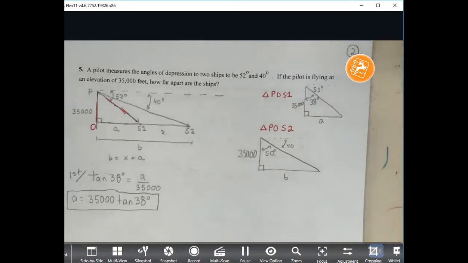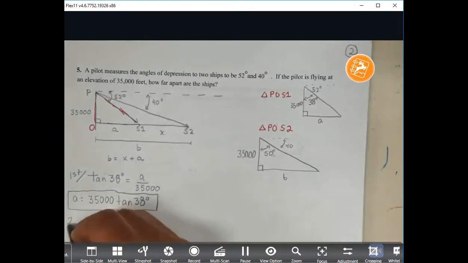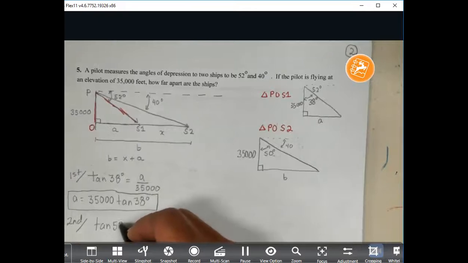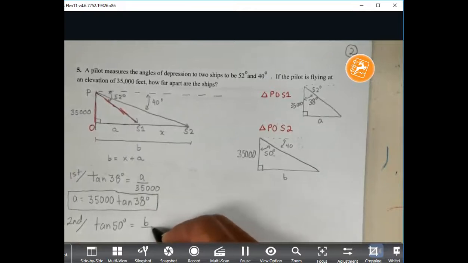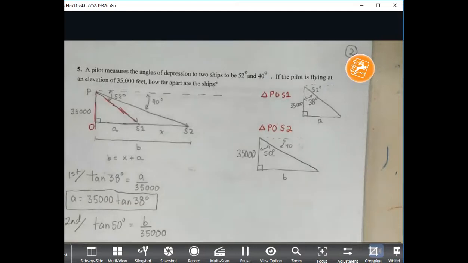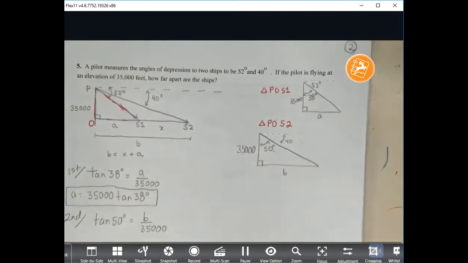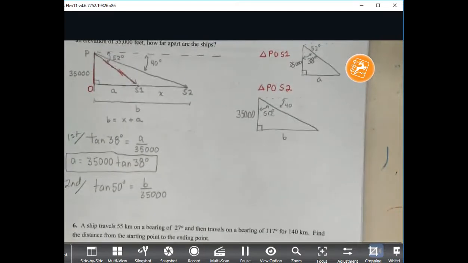So our next equation says that the tangent of 50 degrees is B over 35,000. And we'll multiply both sides by 35,000 so that we get B is 35,000 tangent of 50 degrees.